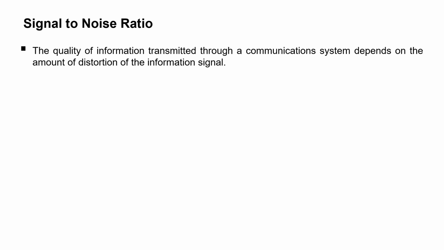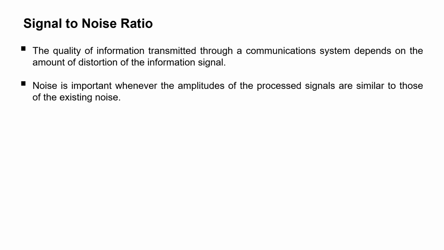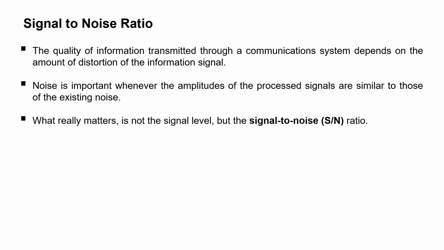The quality of information transmitted through a communication system depends upon the amount of distortion of the information signal. Noise is important whenever the amplitude of the processed signals is similar to that of existing noise. What really matters is not the signal level, but the signal to noise ratio.